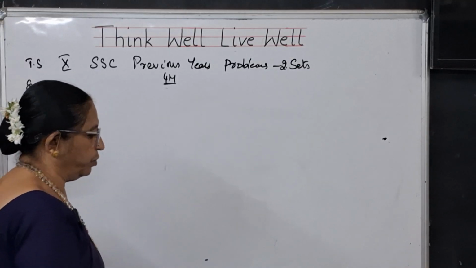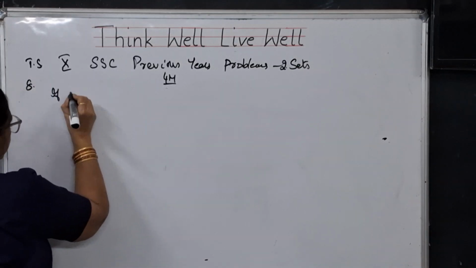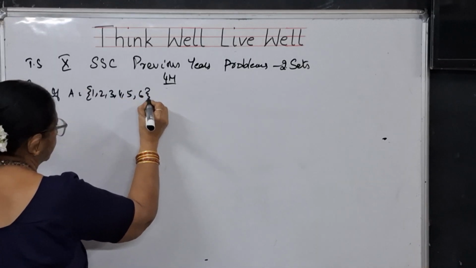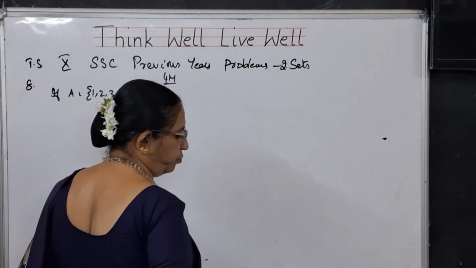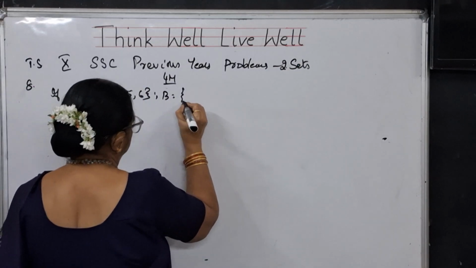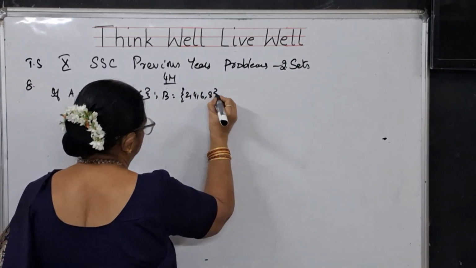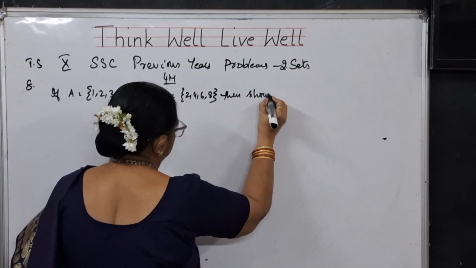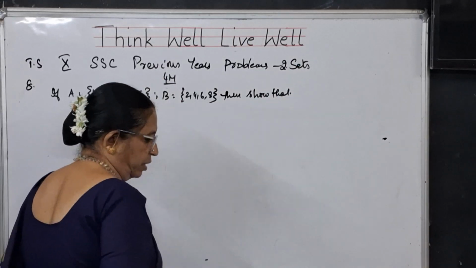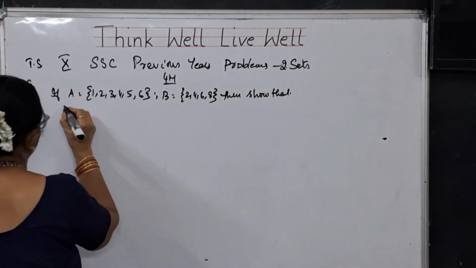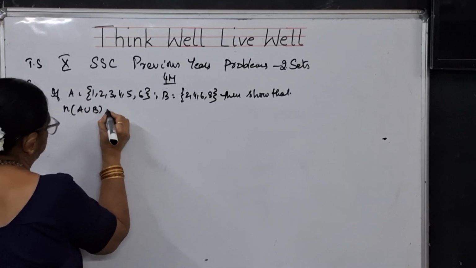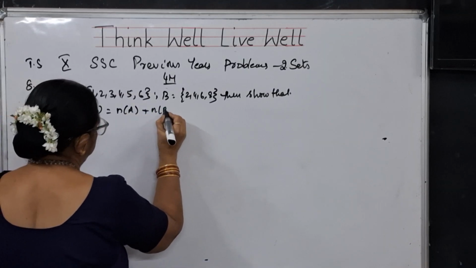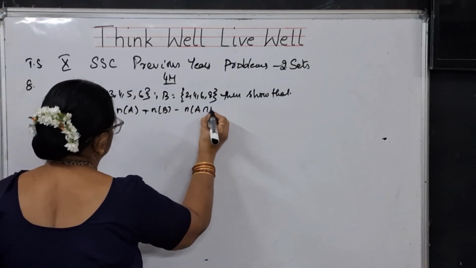If A is equal to 1, 2, 3, 4, 5, 6 and B is equal to 2, 4, 6, 8, then show that n of A union B is equal to n of A plus n of B minus n of A intersection B.